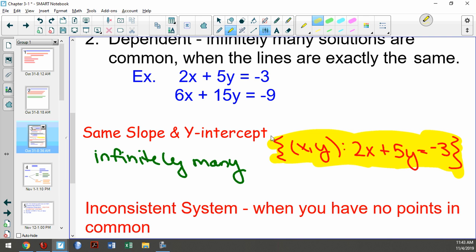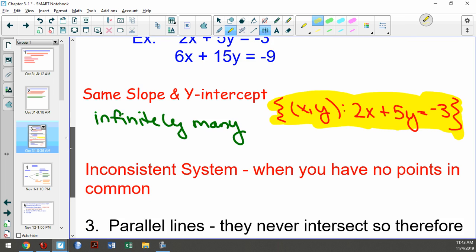X comma Y is the ordered pair. X is the X coordinate, Y is the Y coordinate. The colon means such that it falls on the line 2x plus 5y equals -3. Meaning I want every ordered pair that falls on the line of 2x plus 5y equals -3. Do you understand that? That is an example of dependent, infinitely many.